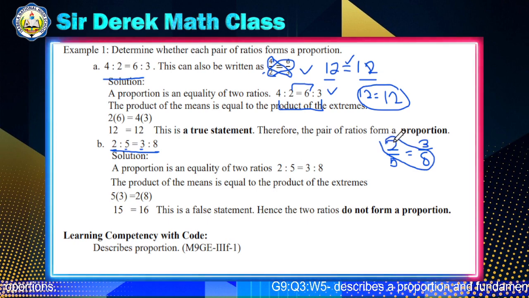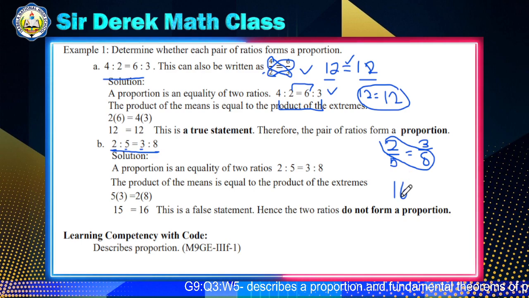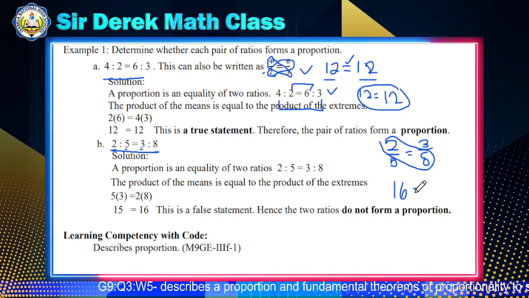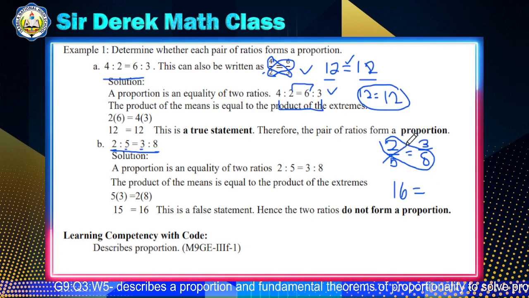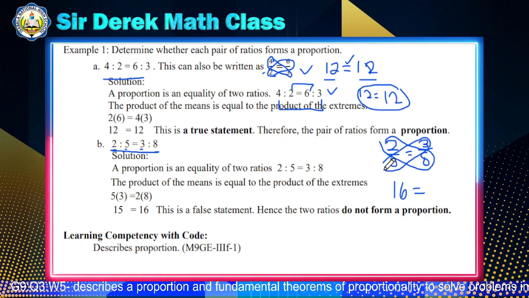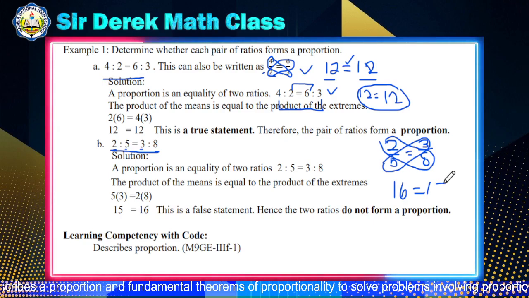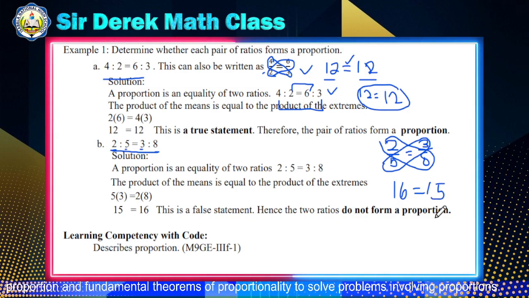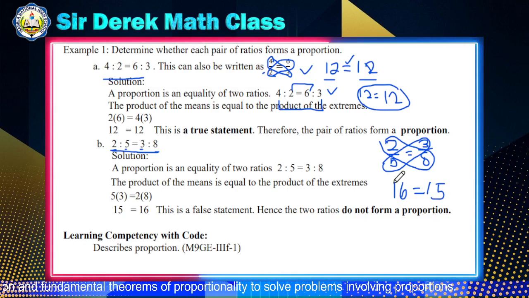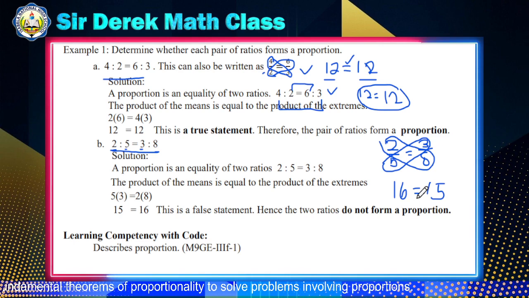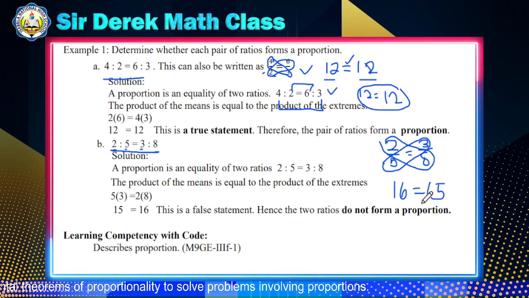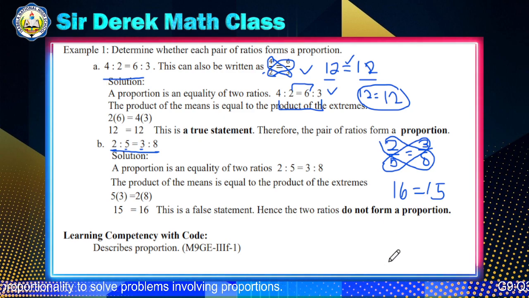Let us multiply 2 and 8. So 2 times 8 is 16. Is this equal to the product of the extremes, 3 times 5? Are these two quantities equal? As you can see, 15 and 16 are not equal. So this is not a proportion.